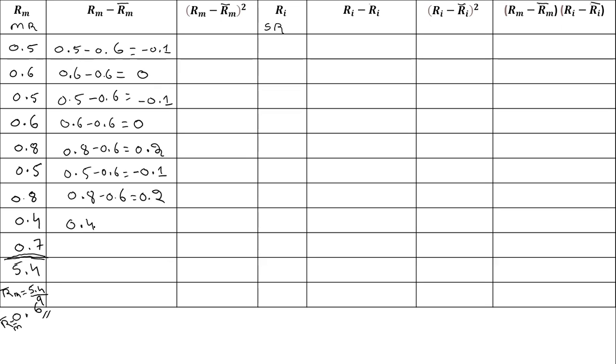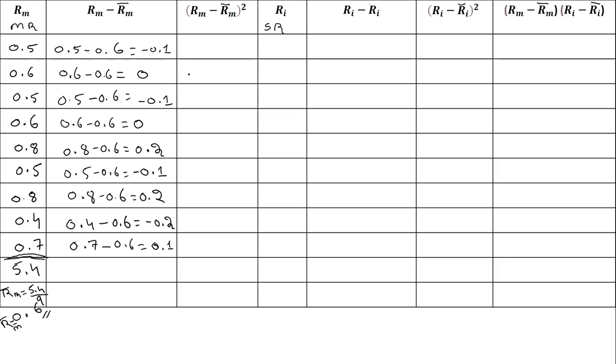Then 0.4 minus 0.6, so we'll get minus 0.2. And at the last, 0.7 minus 0.6 is equal to plus 0.1. So we calculated Rm minus R bar M.